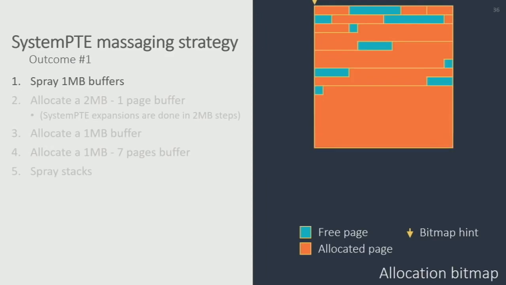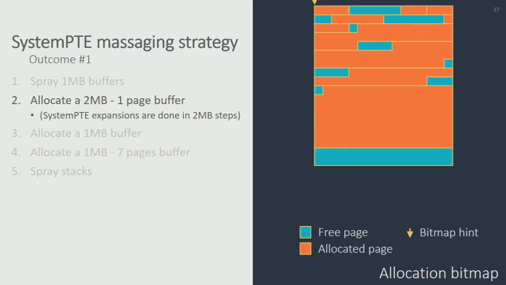It's pretty simple. And the next thing is we want to allocate a buffer that is equal in length to 2 megabytes minus 1 page. The reason for that is this is the maximum size that we can allocate that will create a new 2 megabyte region expansion at the bottom of the bitmap without putting it somewhere else. And the reason that it's interesting is that this is actually going to be our receive buffer.